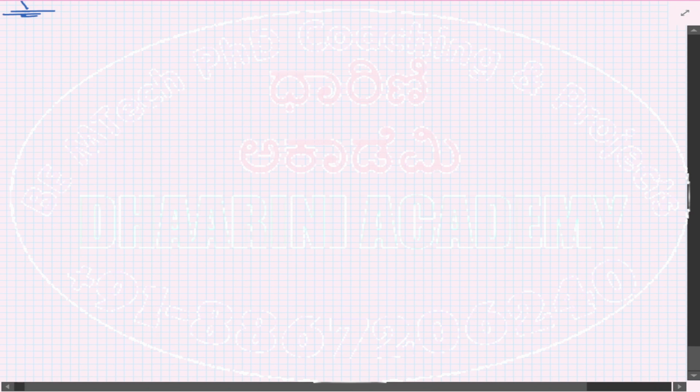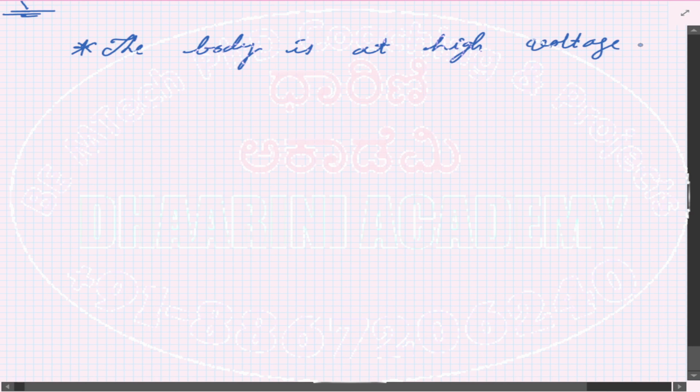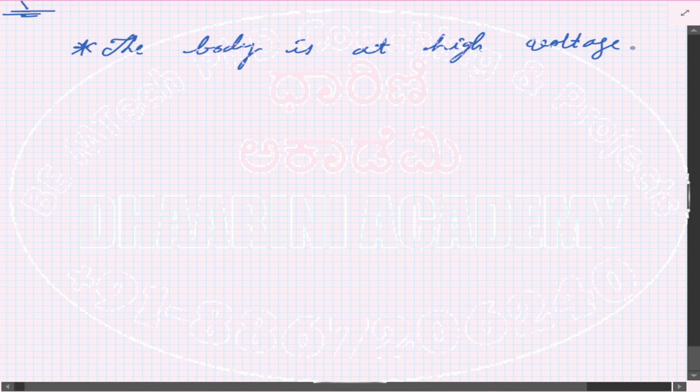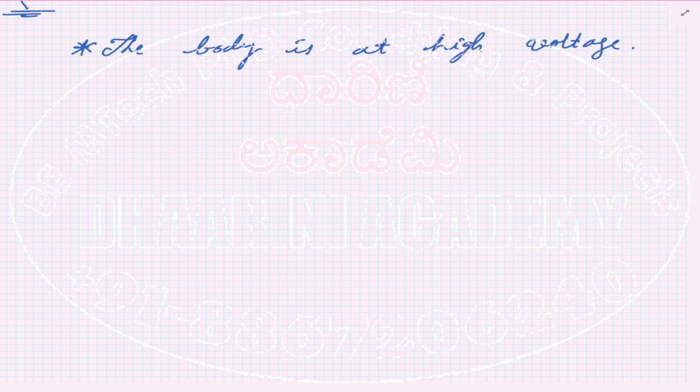So we know that in a PMOS, the body is at high voltage, right? Source and drain junctions are reverse biased, correct? I just mentioned the word reverse bias because the N is at a high potential and P is at a lower potential.